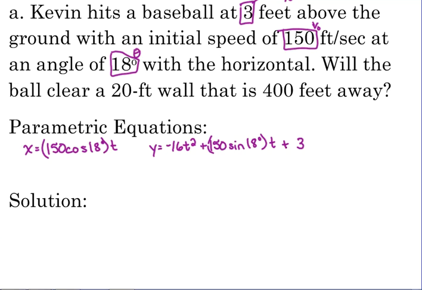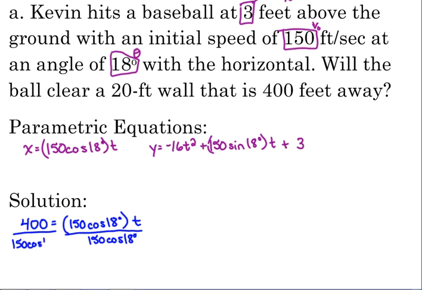That is the horizontal distance from where he hit it at home plate. Since that's the horizontal distance, we set our x equation equal to 400. We want to know what time this is happening at, so we just divide by the 150 cosine of 18. I know it's a long expression, but it is just a number, just a coefficient.